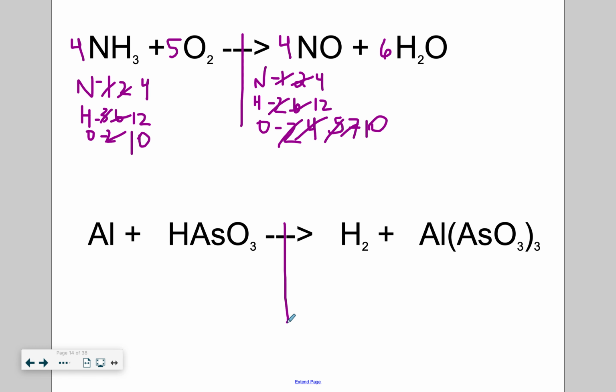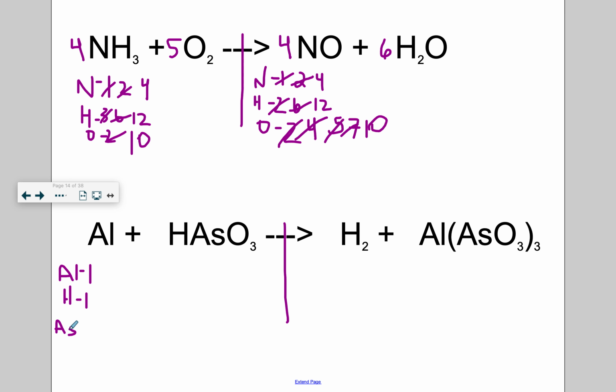Okay, this sample problem down here. So here we have aluminum at 1, hydrogen at 1, arsenic at 1, and O at 3.